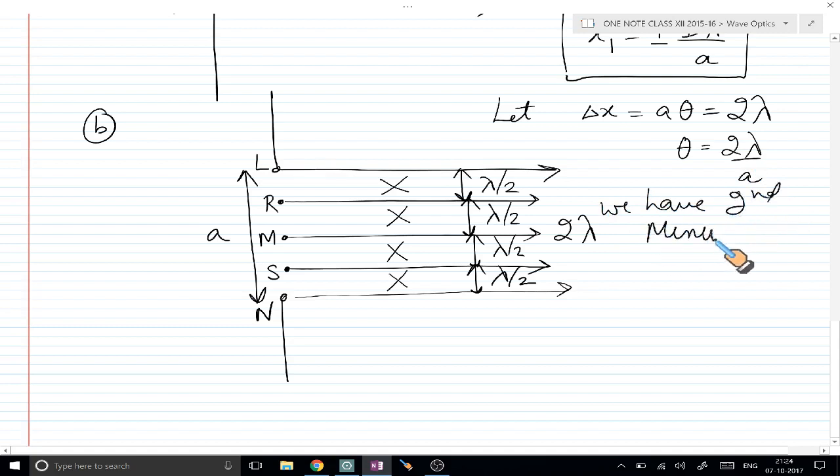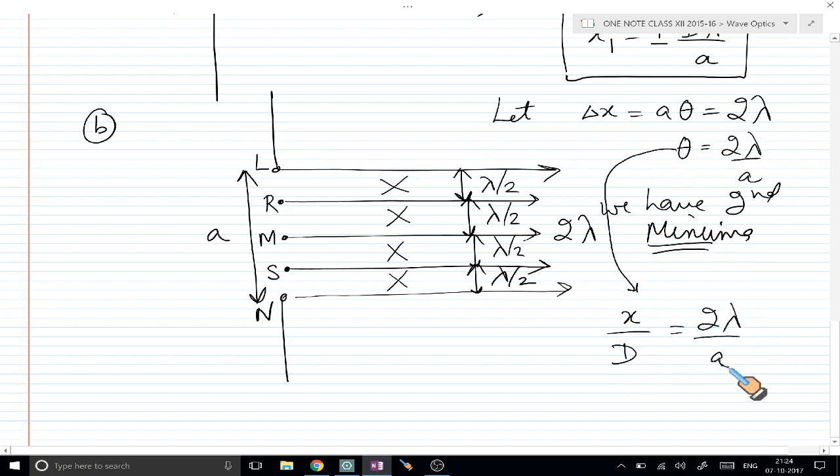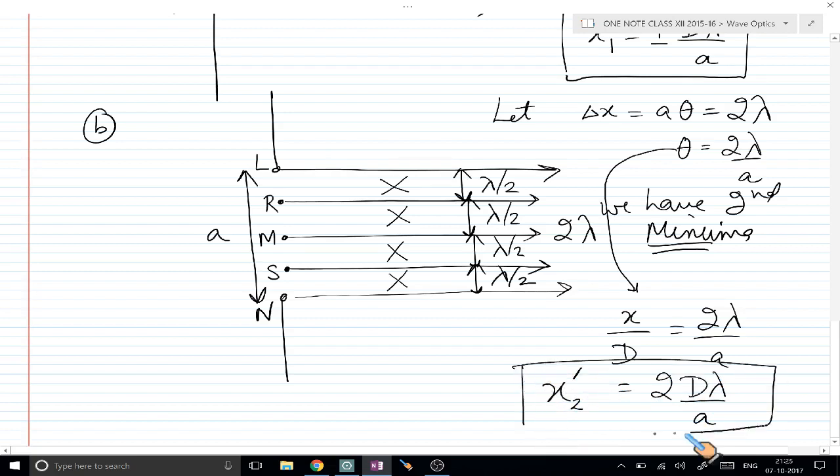And theta is arc upon radius, which is 2 lambda by a. So the position x for second minima is 2D lambda by a. 2 stands for second and dash stands for dark.